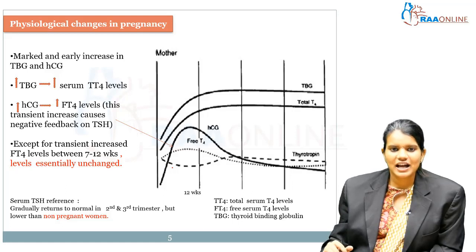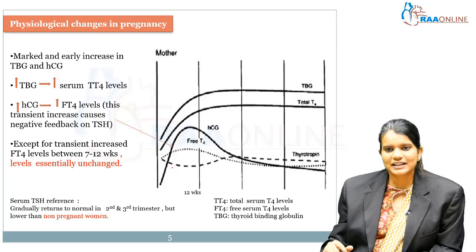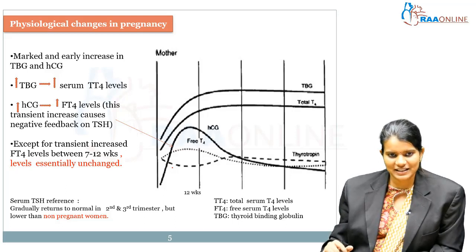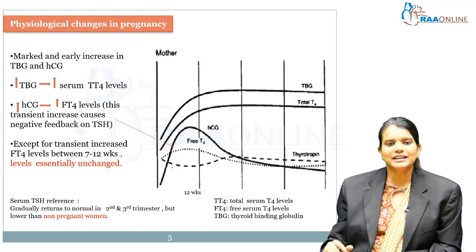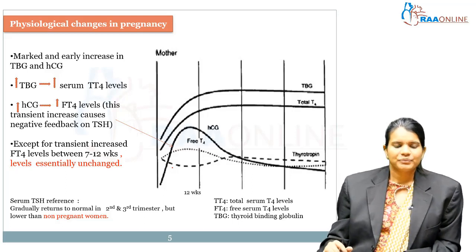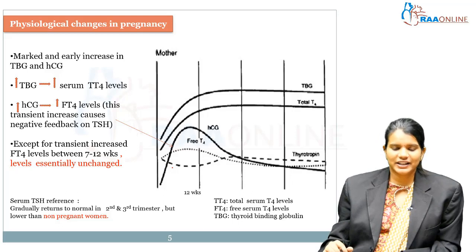This causes an increase in the free T4 levels, because HCG is very similar to TSH. So it will cause a negative feedback mechanism on the TSH. So when there is an increase in the T4, there will be a drop in the TSH levels. Except for the transient increase in the free T4 levels, the levels are essentially unchanged.